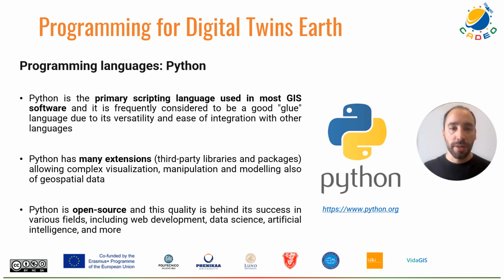This extension enables the user to perform complex visualization, manipulation, and modeling of geospatial data, for example. Another significant advantage of Python is that it's open source. These characteristics played a crucial role in its success across diverse domains, including web development, data science, and also artificial intelligence.